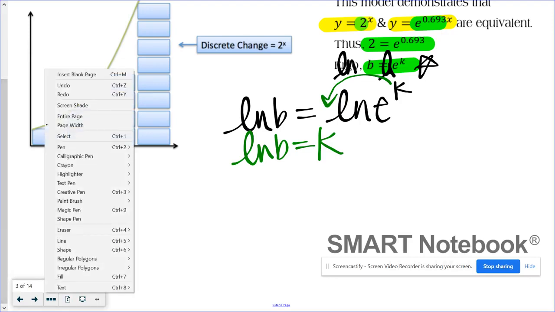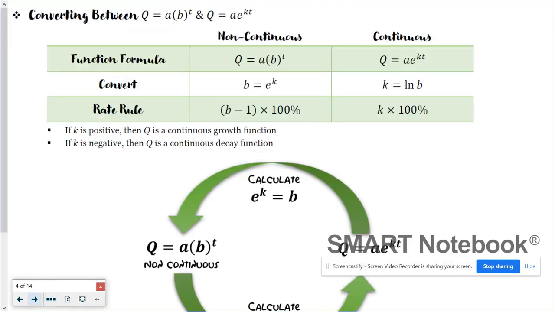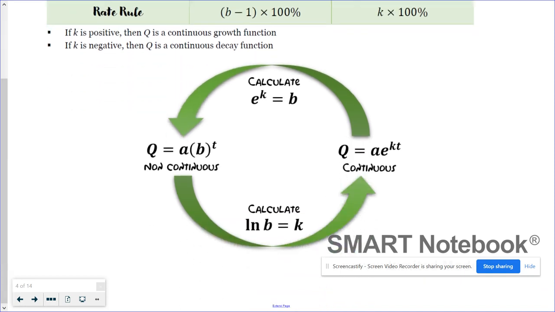And so now let's go to this nice little table that organizes it all. Talking about a non-continuous base b exponential function, I can figure out what b is by calculating e to the k. Likewise, I can calculate k by calculating the natural log of b. I think this little flow diagram shows it a lot better.